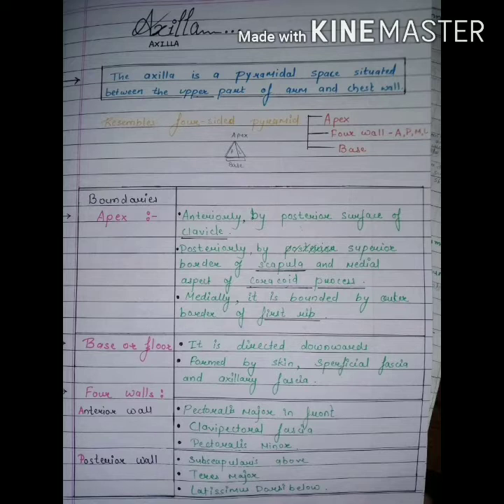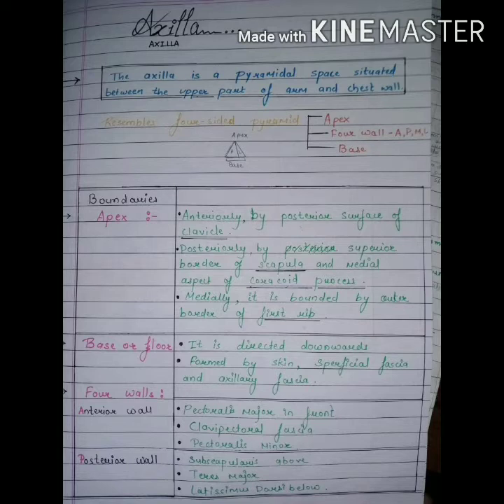Now what do these consist of? The apex has three boundaries: anteriorly, posteriorly and medially. Anteriorly it is bounded by the posterior surface of the clavicle. Posteriorly it is bounded by the superior border of the scapula and the medial aspect of the coracoid process.